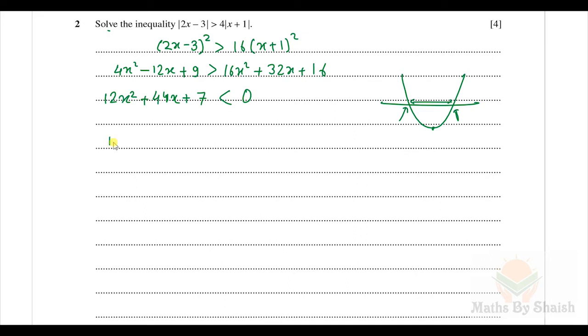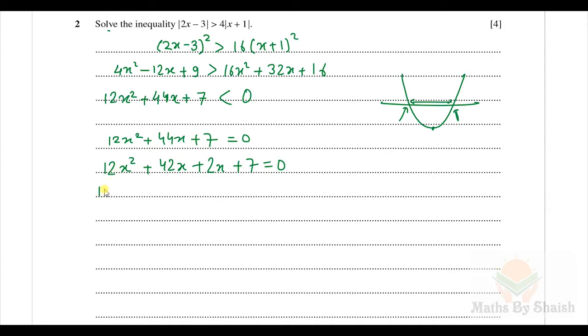For that we require to solve 12x square plus 44x plus 7 is equal to 0. 12 into 7 is 84, and we know 44 can be split as 42 plus 2, so it's going to be 12x square plus 42x plus 2x plus 7 is equal to 0.